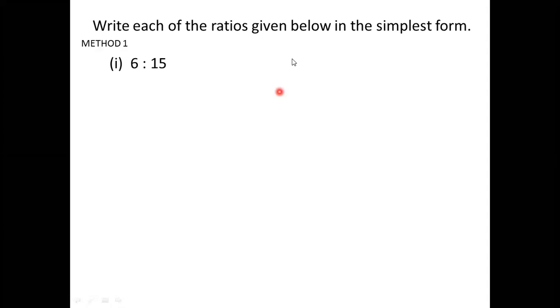Now what is the common factor for 6 and 15? 2 times 3 is 6. How do we get 15 as a product? 3 times 5 is 15. So what is the common factor for these 6 and 15? It is 3.